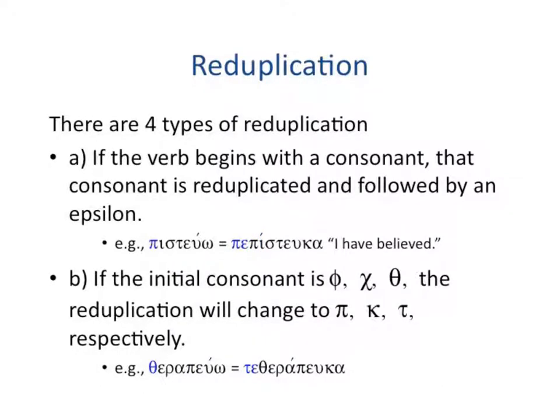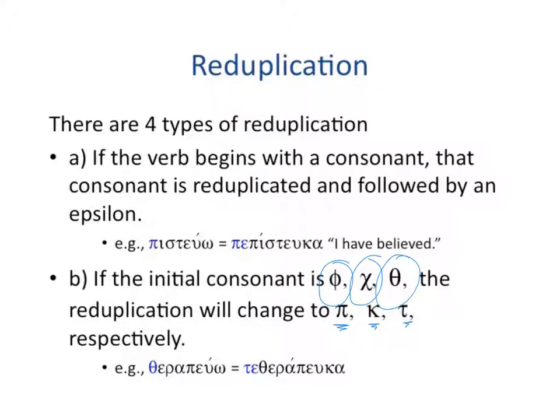So with our more breathy initial consonants, phi, chi, or theta, they kind of harden out a little bit. They solidify, right? And so they take away the breathiness. So instead of phi, you have p. Instead of chi, you have kappa. Instead of theta, you have t, or tau.